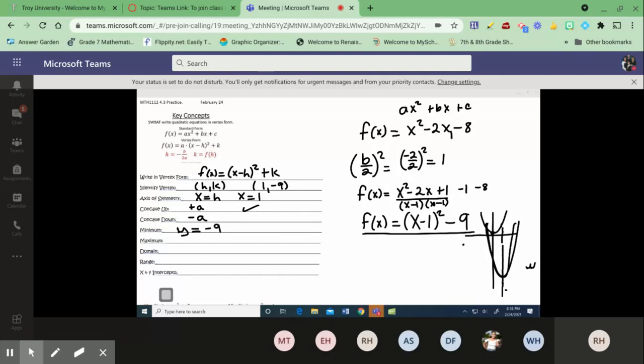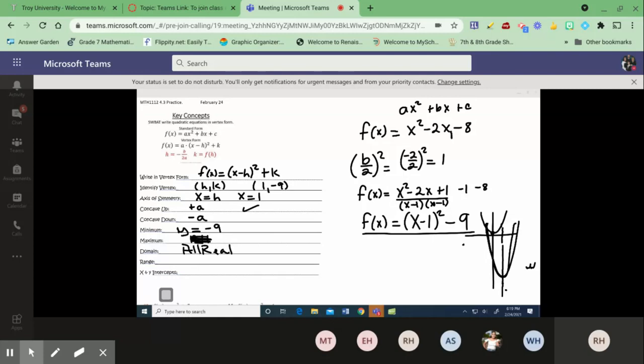All right, here's the hard part. Domain. It's a quadratic equation, right? Now my numbers are going to have to get big because it goes pretty slow, but eventually that parabola gets wider and wider and wider. My domain, every day, all day: all real.